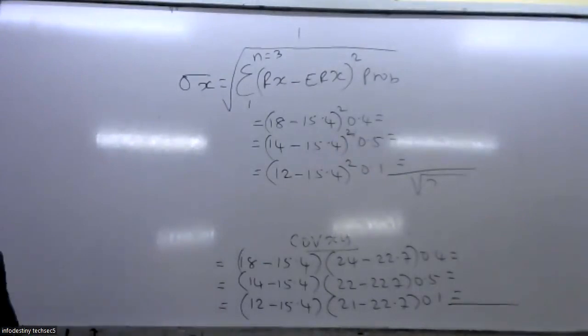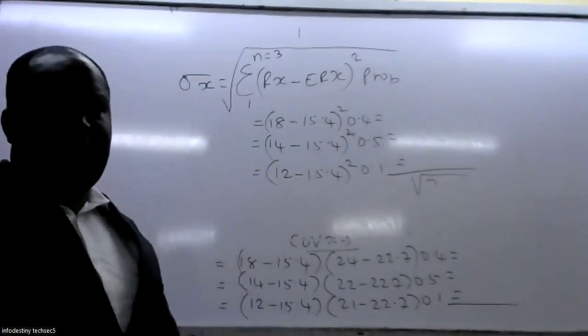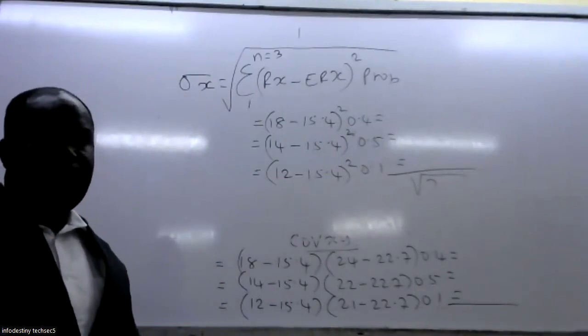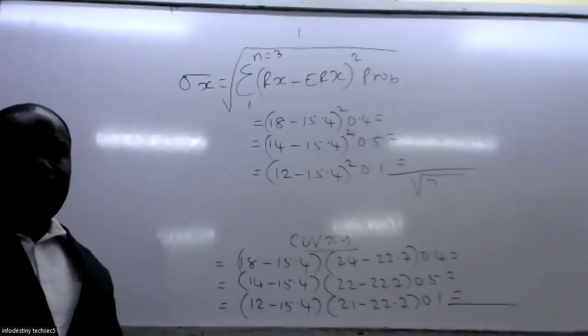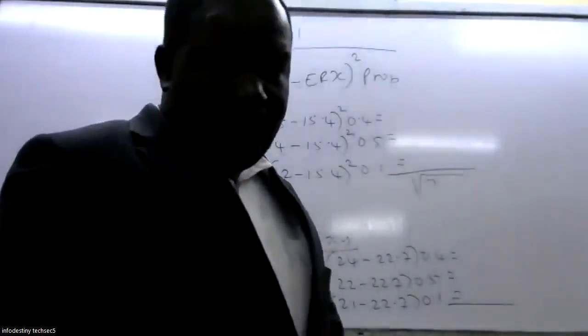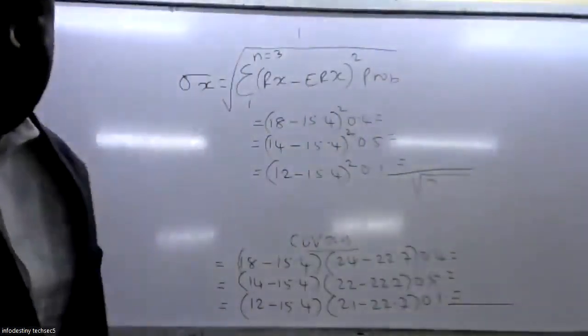So get that total and get the square root for that element. From my side, that total should give you 4.84.